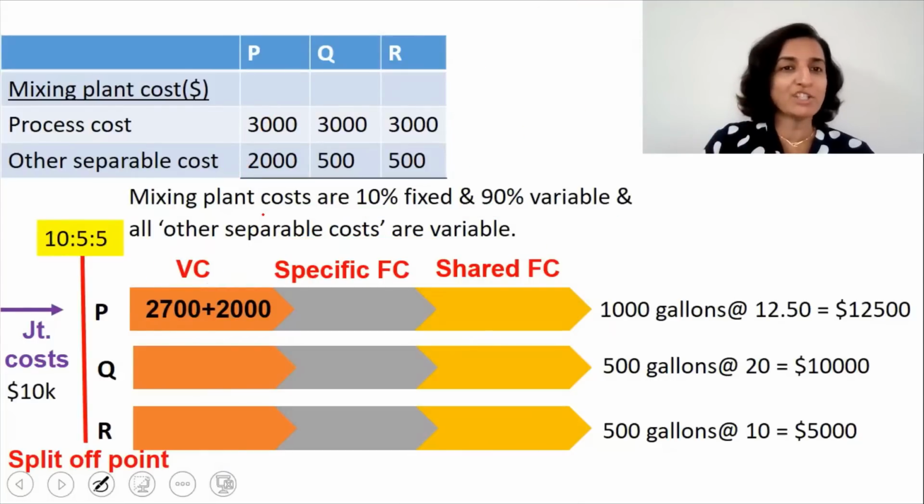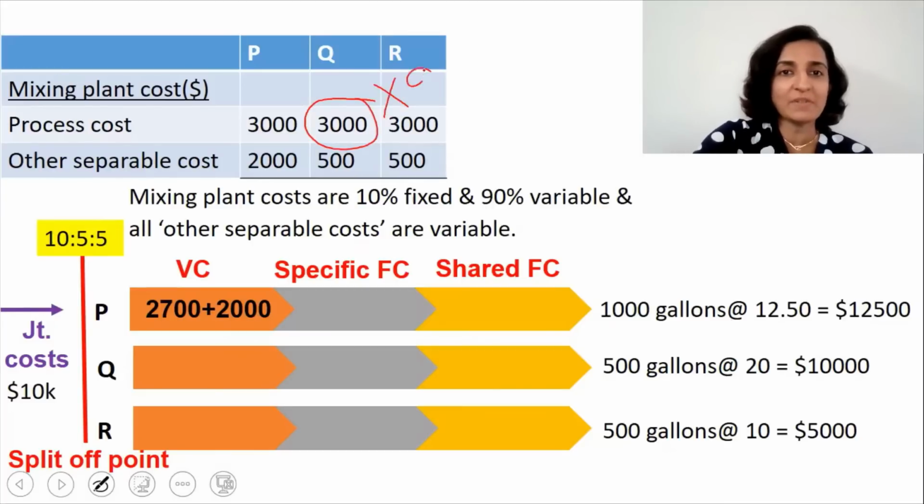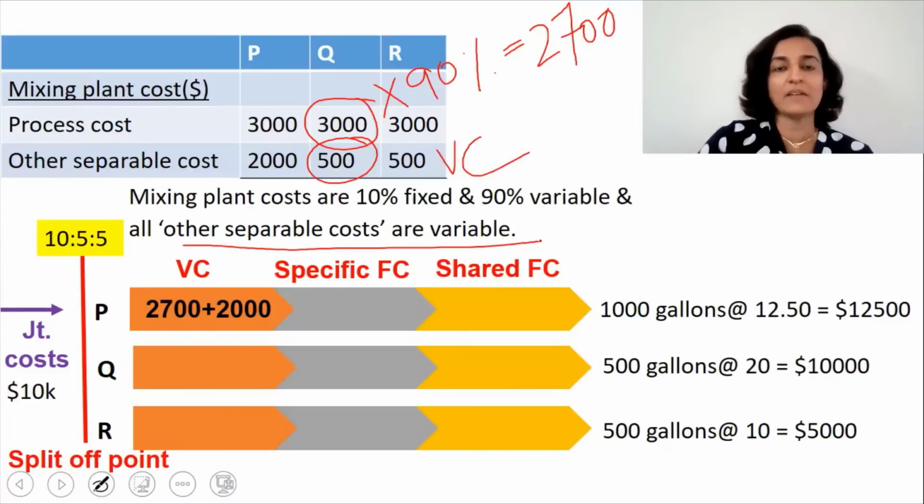Now moving to product Q. Again, for product Q, 3,000 into 90% is variable, which means that 2,700 is variable. And $500 is also completely variable because other separable costs are variable. So what is the amount that we have to write against Q? It is $2,700 plus $500.